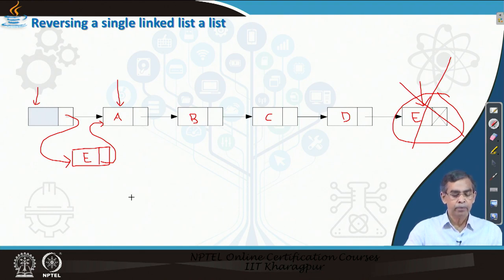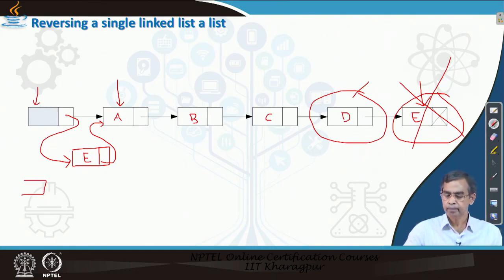Again we have to repeat the same thing, starting from this current node, and the next last node is D. So, again we delete this last node and insert it at the front, just before the current node.